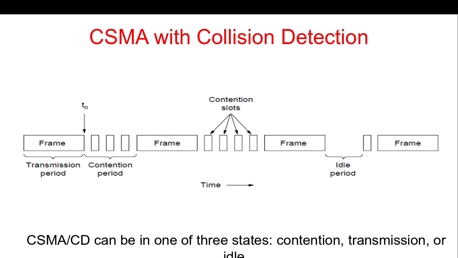This is going to be a waste, and that's why once they detect that collisions have occurred, they will immediately stop. This is the change. They will not finish sending the rest of the frames. This is how they save time and bandwidth.